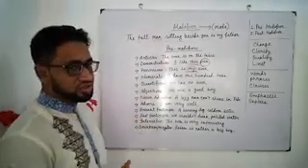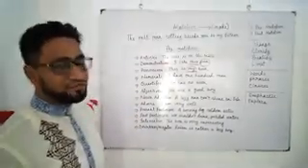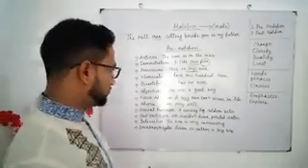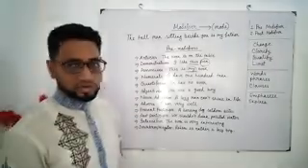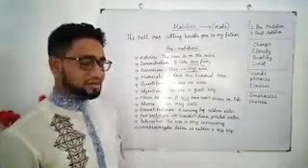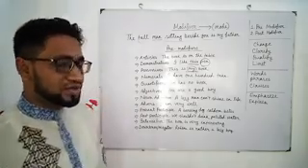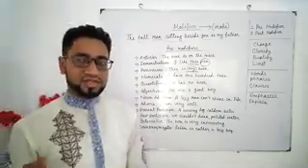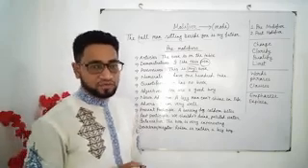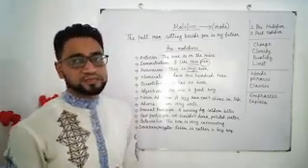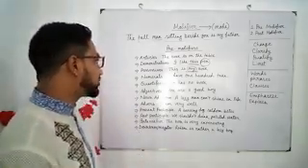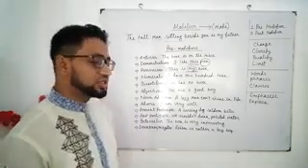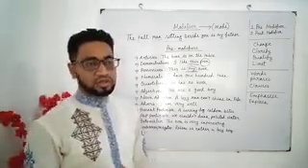Then numerals. Numerals are numbers. There are 3 types of numerals: cardinal numbers, ordinal numbers, and a 3rd type, which is multiplicative. Cardinal numbers: 1, 2, 3, 4.